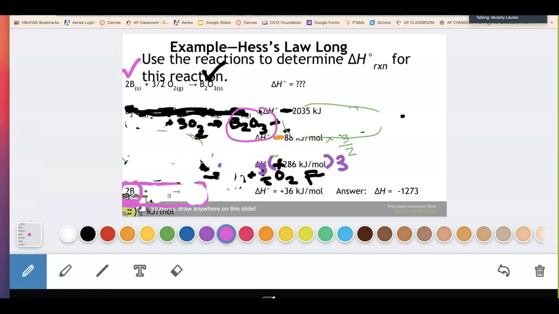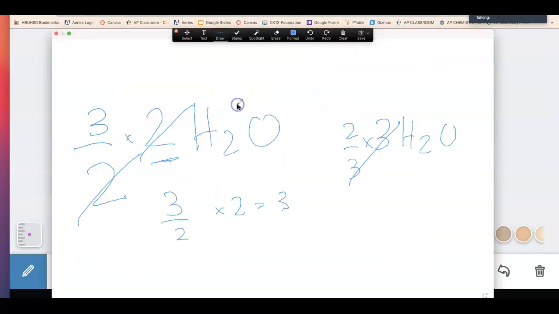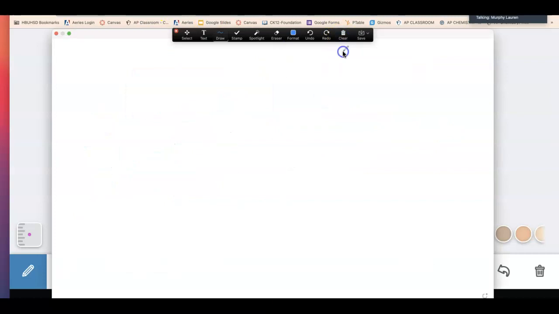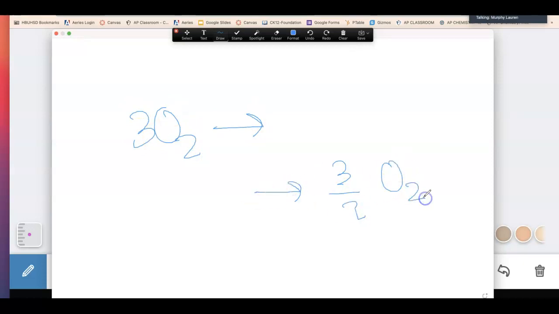Let's talk about this guy. This is 3 oxygens and this is 3/2 oxygens on the opposite side. The easiest way to look at this, for me at least, so you have 3 oxygens on the reactant side, but you have 3/2 oxygen on the product side.